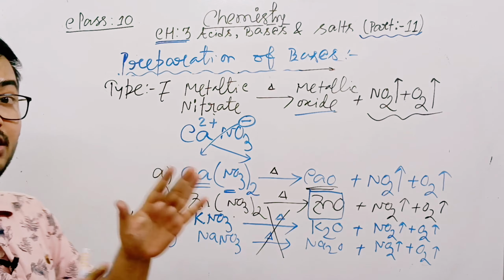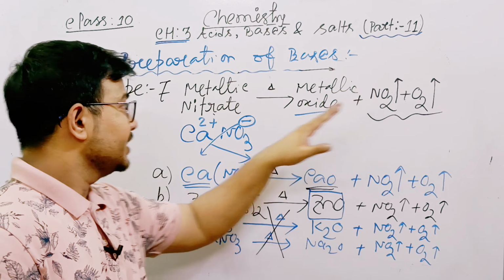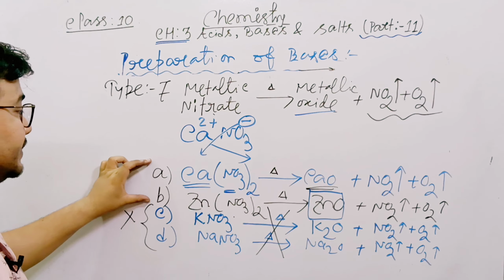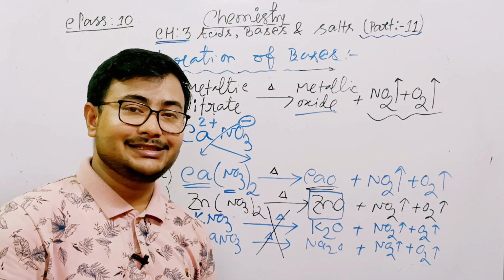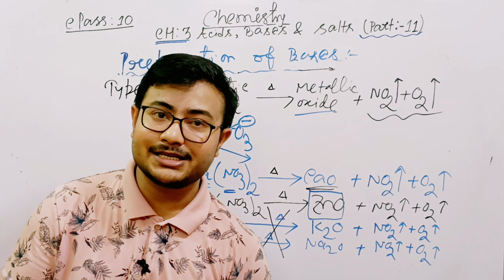So this is everything about the preparation of bases. In type number 7, I give two examples. I discussed a total of more than 13-14 examples. This is all about the preparation of the bases.